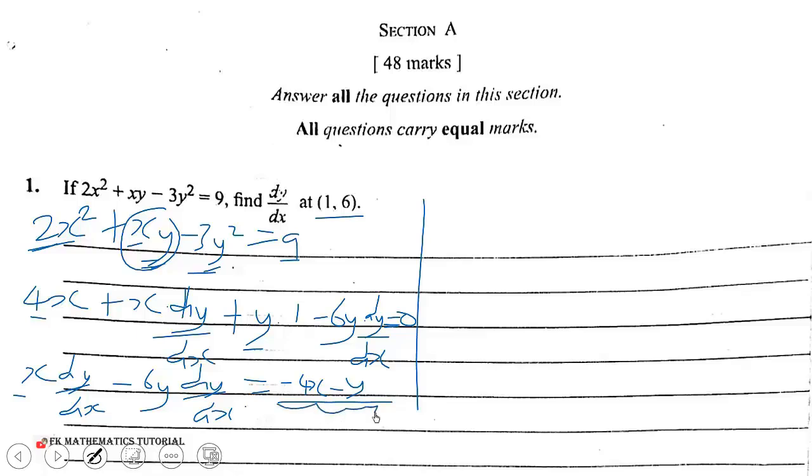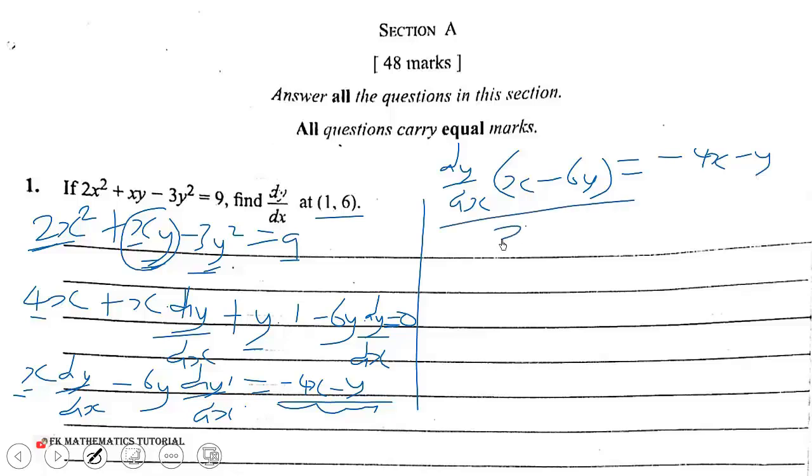So it's equal to negative 4x minus y. So let's factor the dy/dx from here. So you're going to get the dy/dx outside. Then we will have x minus 6y is equal to negative 4x minus y. So dividing through by x minus 6y, we will get x minus 6y here.